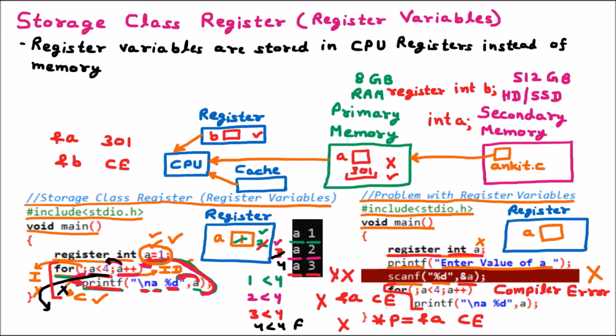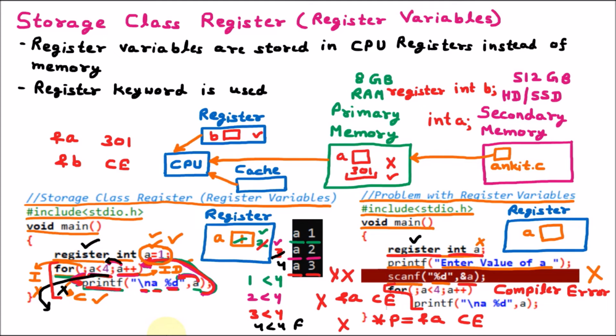So here we have learned that register variables are stored in the CPU registers instead of memory. To declare a variable as a register variable, we use the keyword register, just like in the program where we have used the register keyword. These are the register variables.